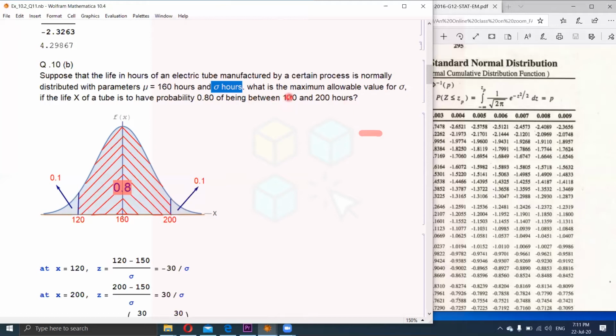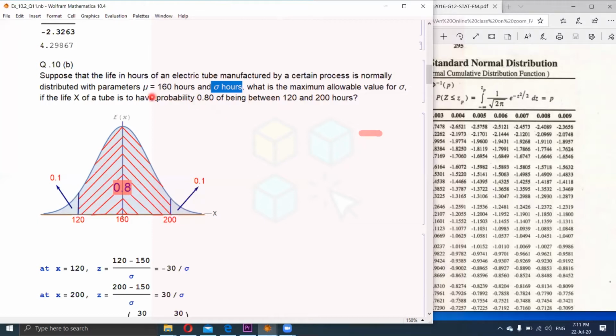So between 2 points 120 and 200, from the figure you can see that the mean is 160, so it is in the center of the figure. 120 is less than 160, so it must be on the left side of 160, and 200 is more than 160, so it should be on the right. Between these 2 points, the probability is given as 0.8.